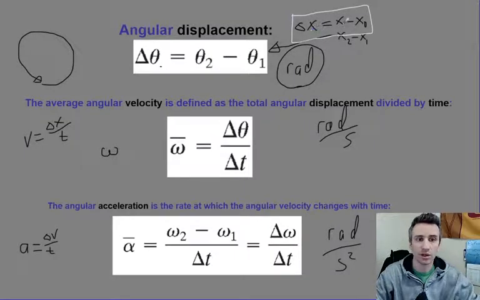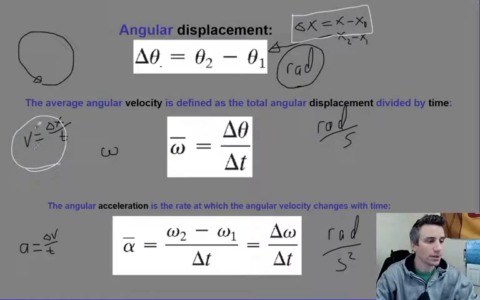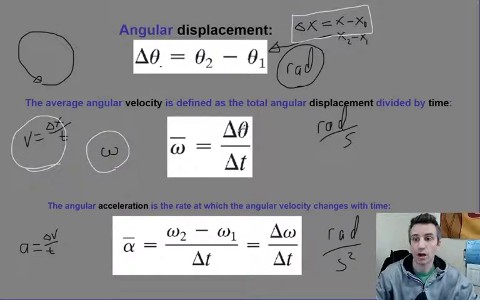So I'm just going to replace all the x's with thetas, and I make this equation. Or I do the same thing here. Turn this equation here into its angular equivalent. Okay, well, for velocity, the angular equivalent is omega. So you put that in its place, and the angular equivalent for x is theta. So you put that in its place. You need to be able to recognize to do this for any equation.